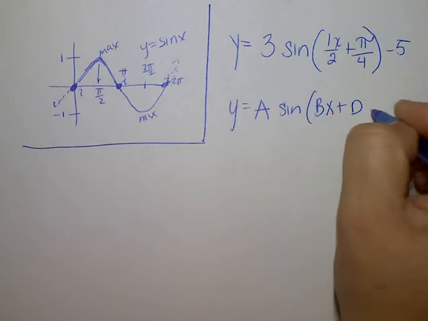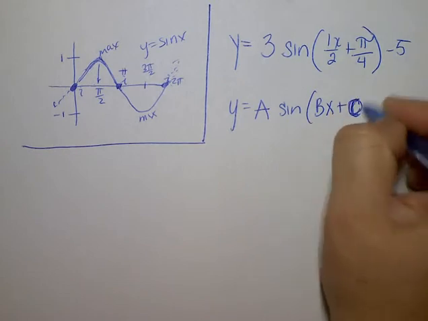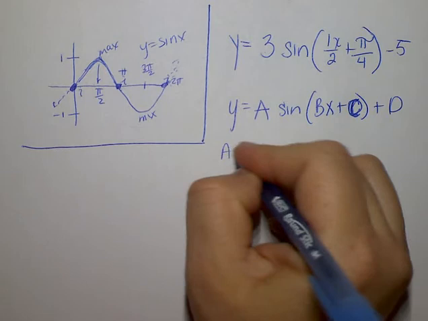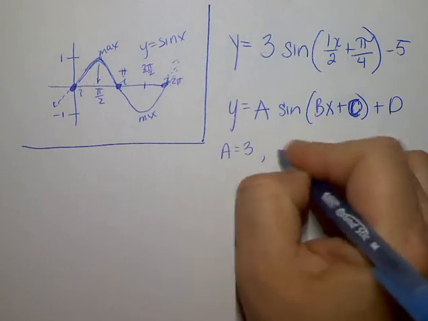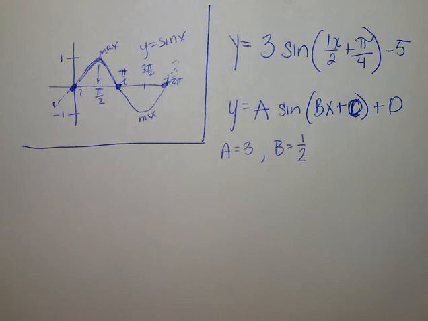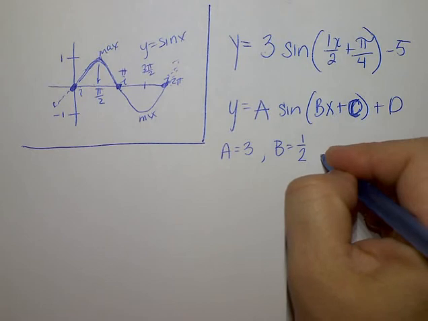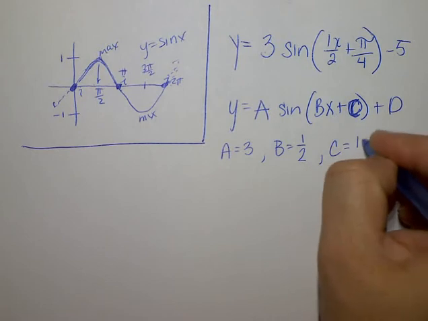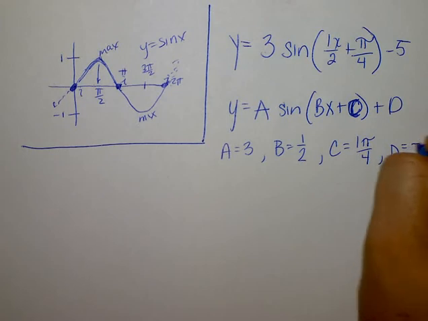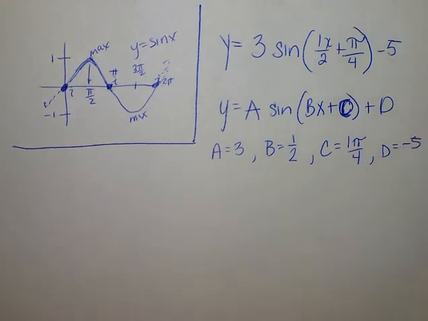We're going to start by identifying what is the A, the B, the C, and the D of this function. So A is equal to 3. B is equal to 1/2. Not 1/2 x, it's just the number that's attached to the x. It doesn't include the x, so it's 1/2. C is pi over 4. And D is equal to -5. We'll be referring to that today as we go through these.